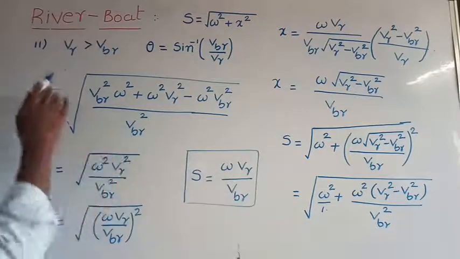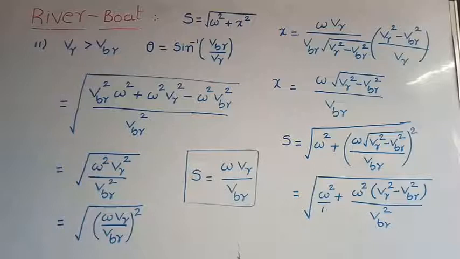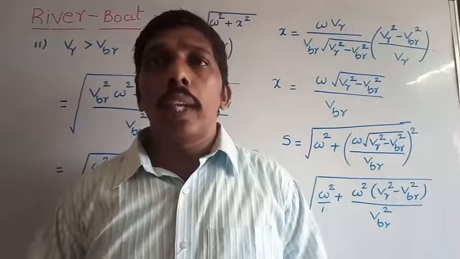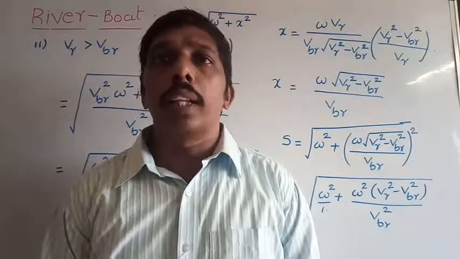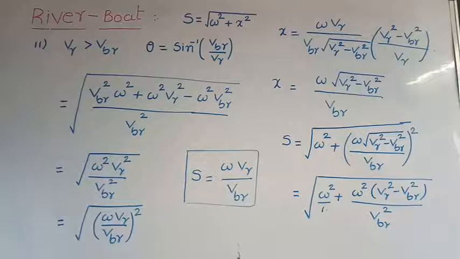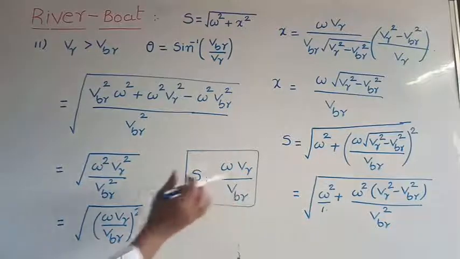If VR is greater than VBR and theta must be equal to sine inverse of VBR by VR. So we will get a minimum length. Okay, clear? So in this way we can get the minimum path length. So path length is a minimum.